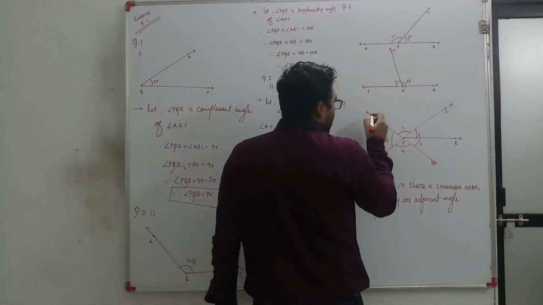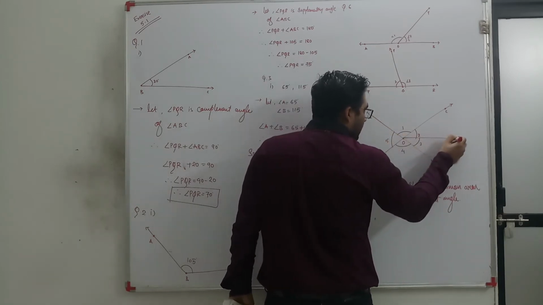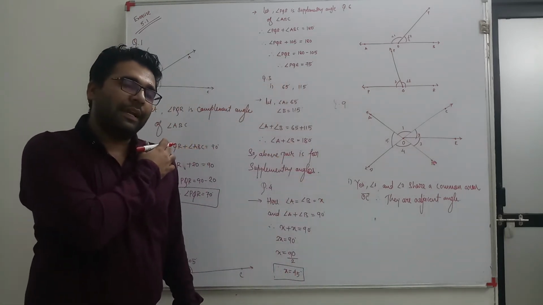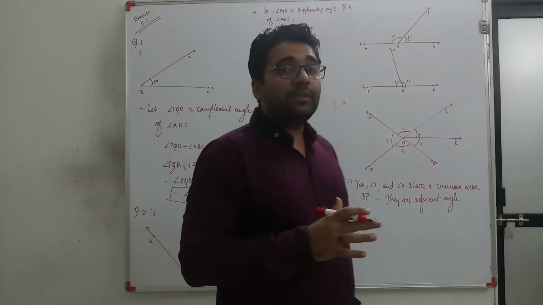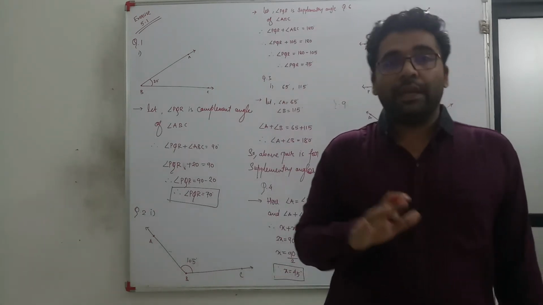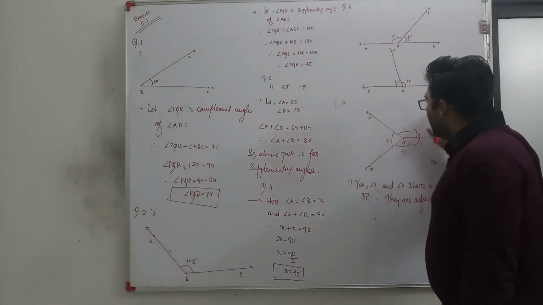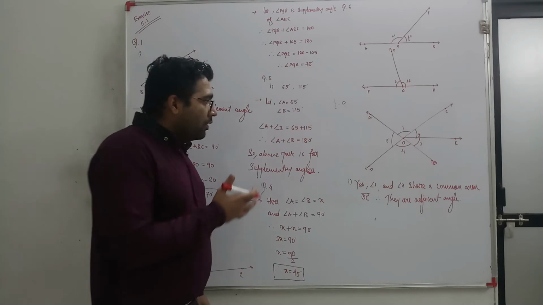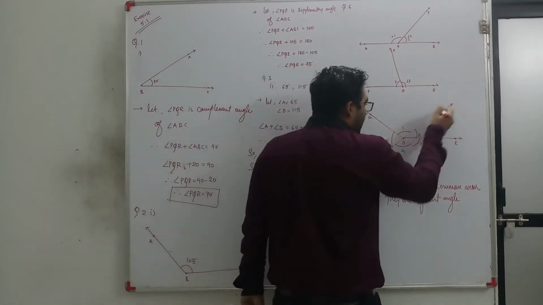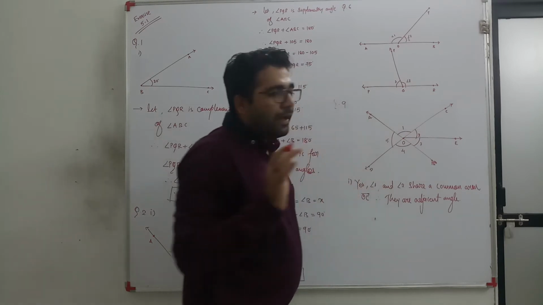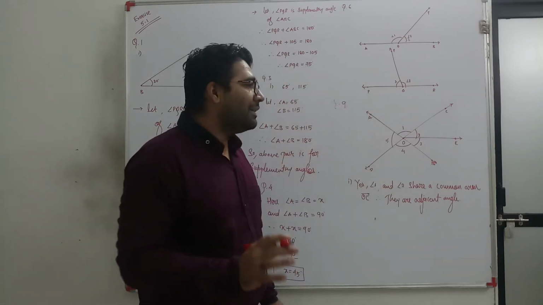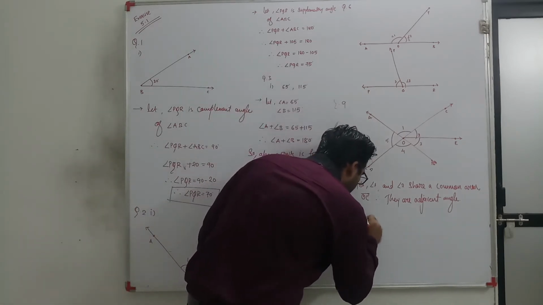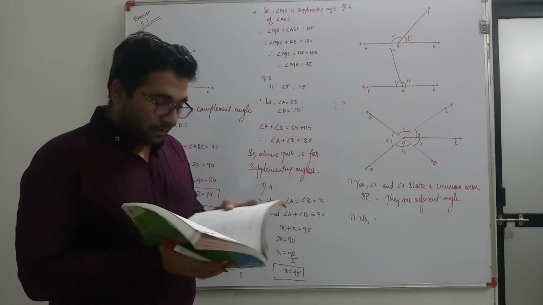So when I see angle AOE and angle AOC, as I said, adjacent angles are not part of each other, they are separate angles. Here OA is the common arm between AOC and AOE, so that rule is followed, but it is not part of the angle. That's why we can say no, they are not adjacent angles.